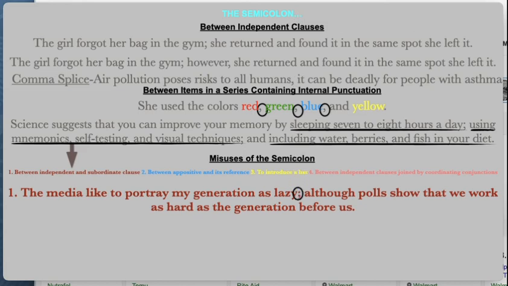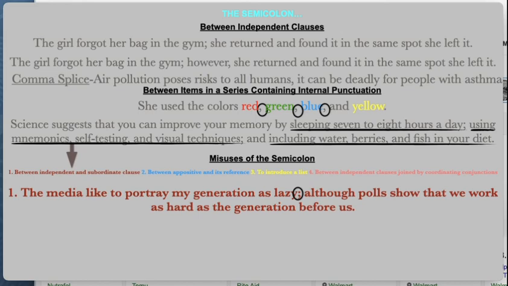If we took out the word although, we would see that we have an independent clause. Polls show that we work as hard as the generation before us. But with the word although, we have a dependent clause, specifically called a subordinate clause. These begin with subordinating conjunctions, as is the case here with the word although.